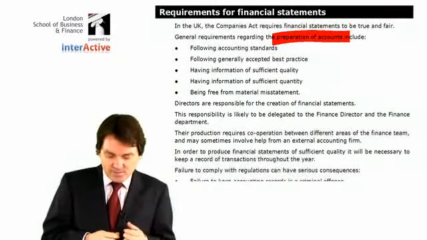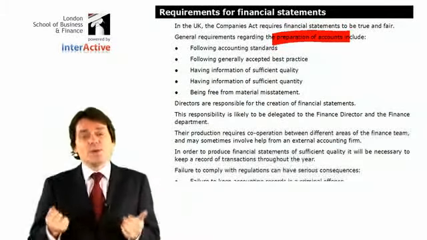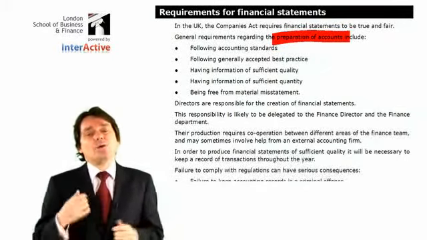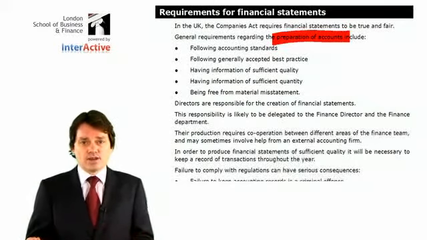It says there's information of sufficient quality and quantity. So again, provisions for doubtful debts is quite a good example. How did we decide that we were going to say some debts were going to be written off and some debts we thought we would get? So if your company has to prove that a debtor is likely to pay, how would they do it?